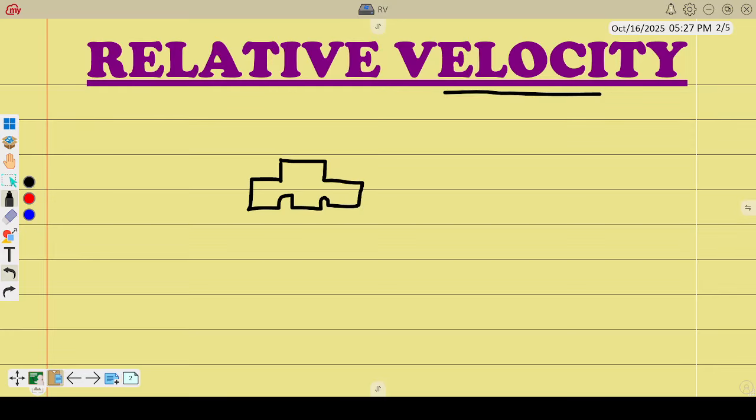Oh, and by the way, it's been so quiet. Can anyone just confirm that you're able to see the car which I've drawn? Just react to it. You can even unmute yourself and say you can see. Are you able to see the screen? Yes, Moses, you're able to see?